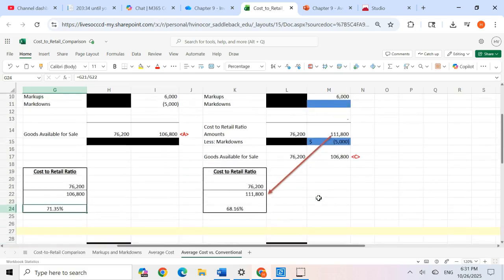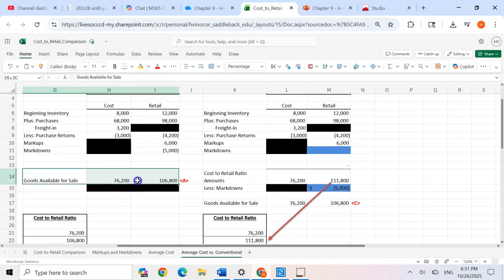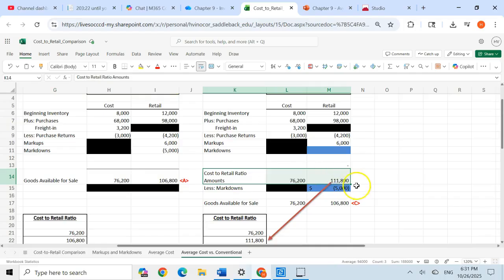So let's continue with our calculation. We have done the average cost retail method right here. We've gone to our cost of goods available for sale. Notice here, these are the numbers used for the cost to retail ratio, but it is not the goods available for sale.